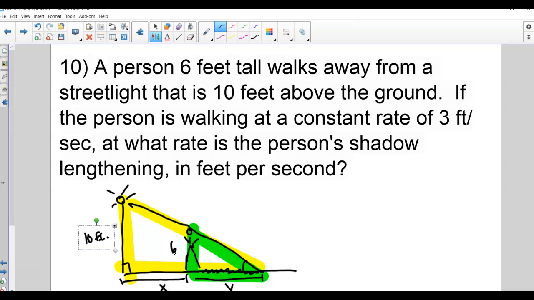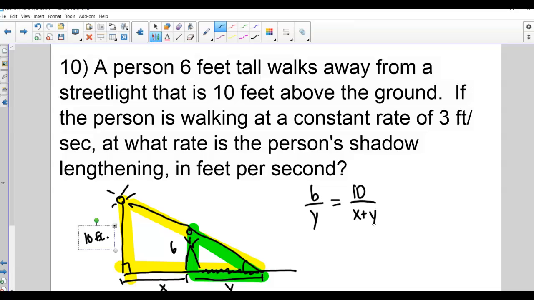So 6 over Y would be the vertical and horizontal components of our smaller triangle. This would have to equal the vertical component of our larger triangle, which is 10, over the horizontal portion of our larger triangle, which would be X plus Y.